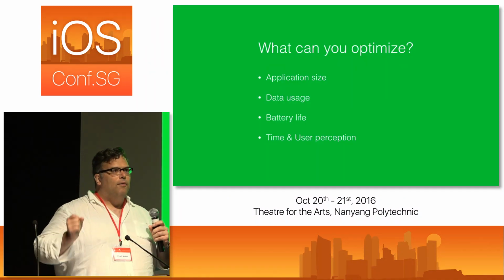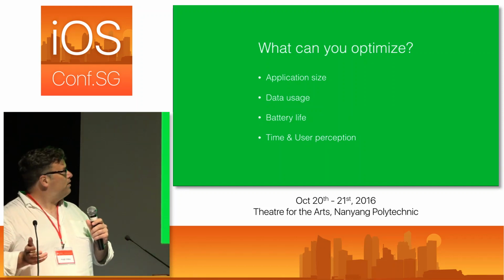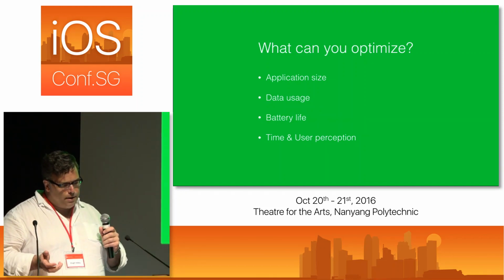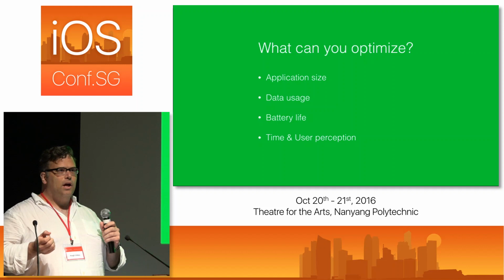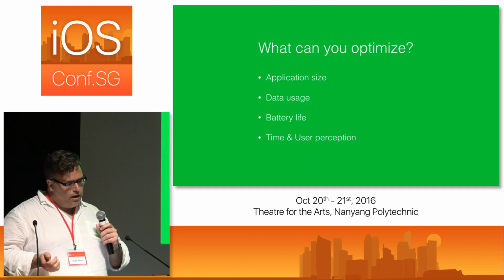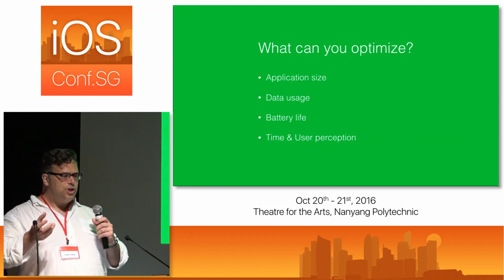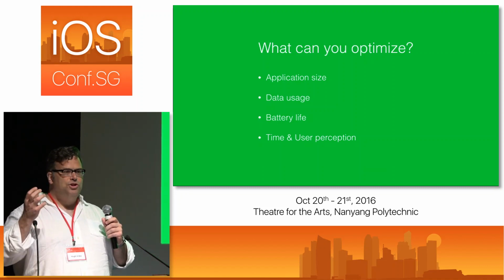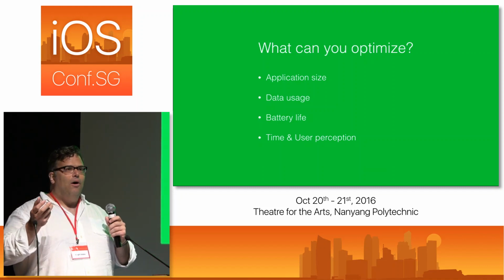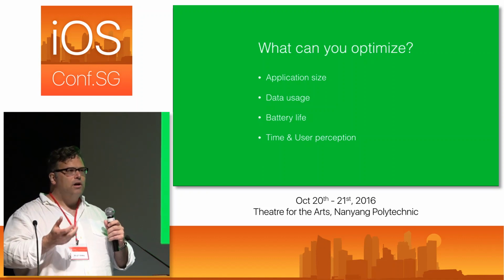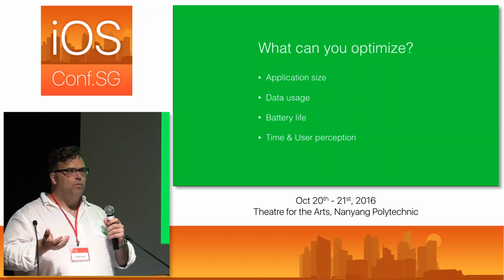So now let's get to the heart of what this is about. How do you optimize your app? There are a couple of things that are really going to make for a better experience. There is how big is your application? How much data are you using? How much battery are you using when your app is running?